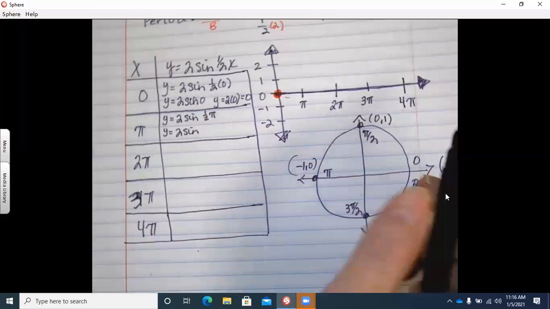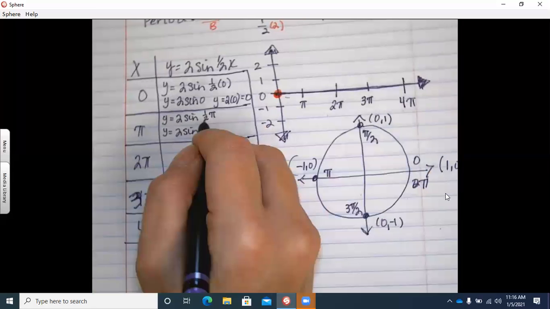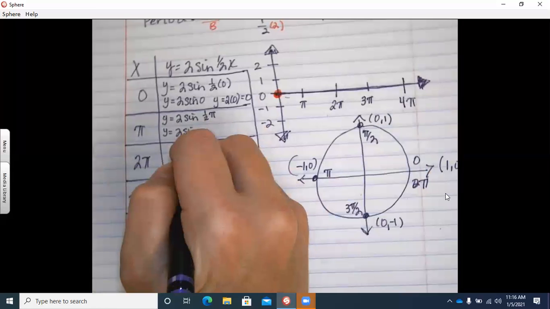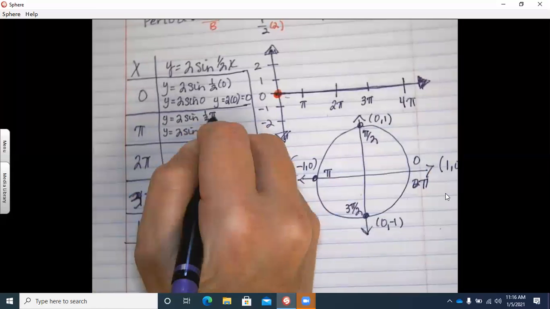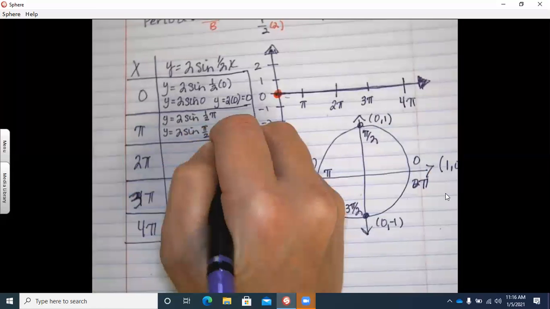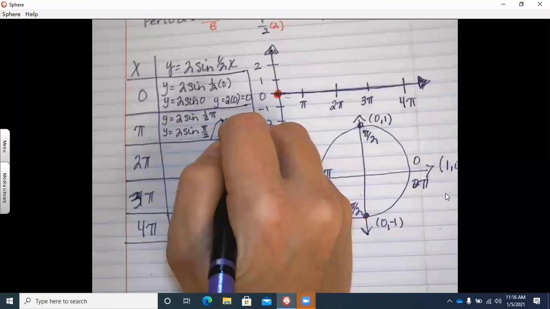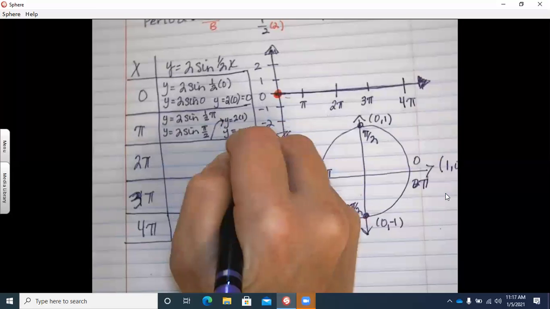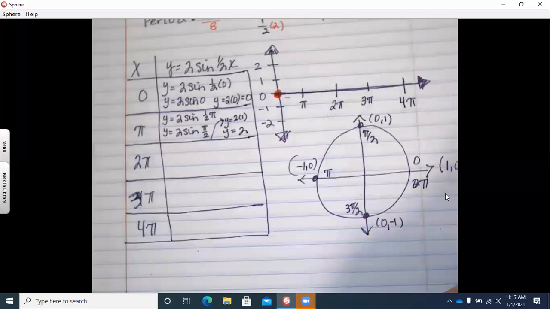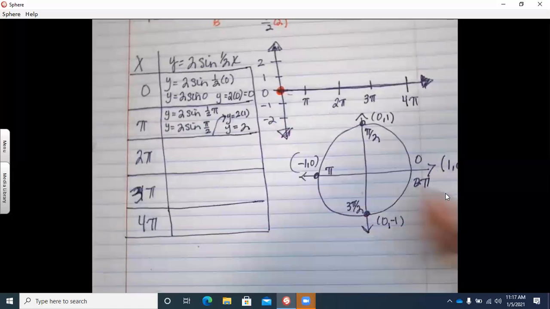I didn't mean to write sine, so I'll just rewrite this. I'll do pi over 2. 1/2 times pi is the same as pi halves. Didn't mean to confuse y'all. So we already said the sine of pi halves is 1. So that will be 2 times 1, which is 2. So when x is pi, y is 2.